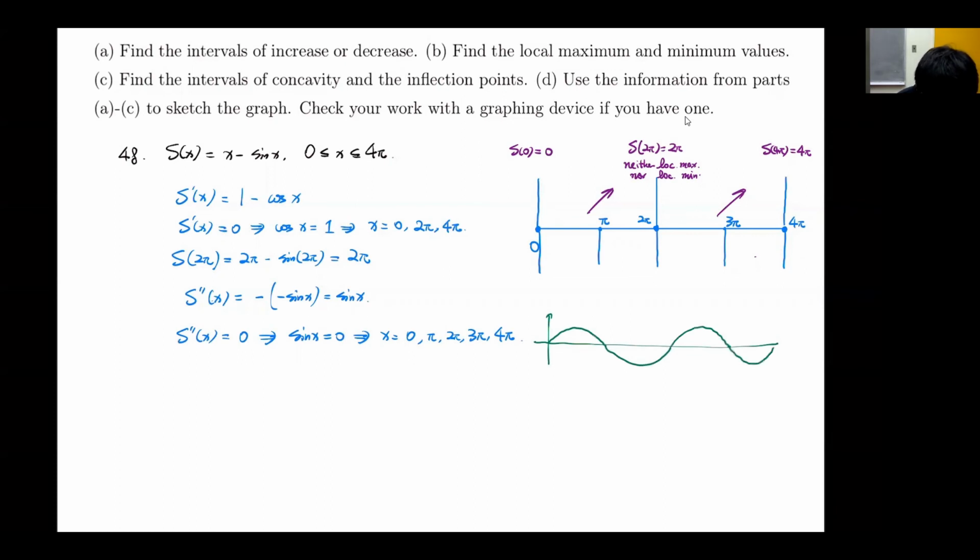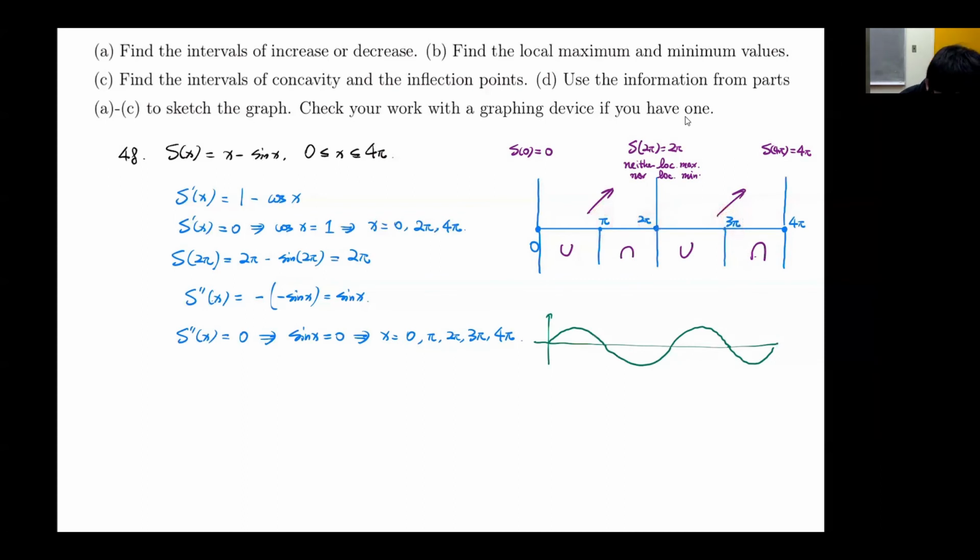This tells me that from 0 to pi, sine of x is positive, so as a result the function will be concave upwards. And between pi and 2 pi, sine of x is negative, so it's concave downward. Similarly, upwards and downward. All right, so what does that tell me? That tells me that these 3 numbers are all inflection points.